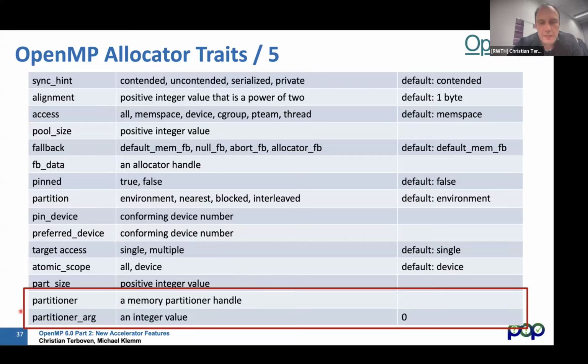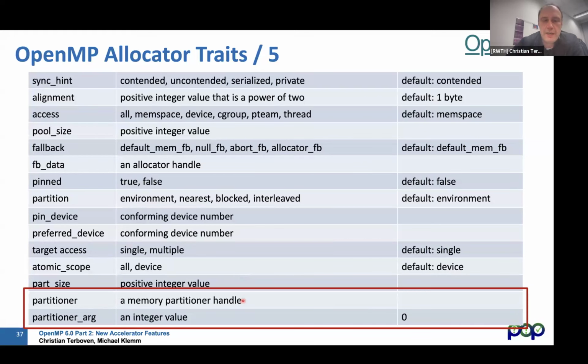Unfortunately, there's no implementation available for that at this point in time, so I don't have a working example, but I want to briefly illustrate the idea here. So the partitioner is a new concept in OpenMP, namely a memory partitioner, and in the allocator traits, you would specify a handle to a certain partitioner.